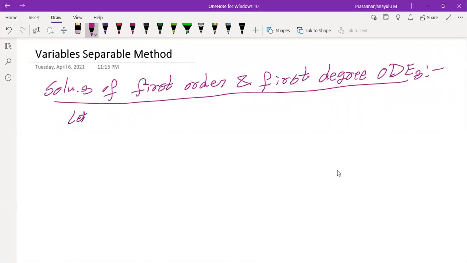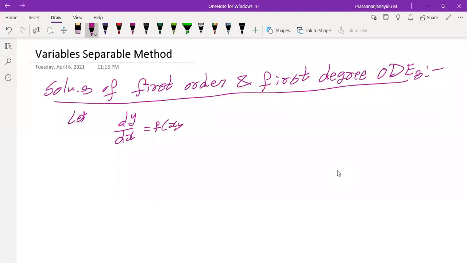I'm writing here, first order. First order is nothing but only the first derivative will exist, that means dy by dx. First degree: what is the definition of degree? The highest power of the highest derivative. The highest derivative must be the first one, and its highest power is also 1. So dy by dx whole power 1, in functions of x comma y variables.